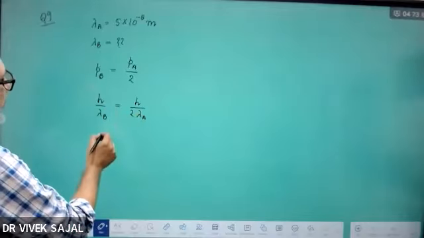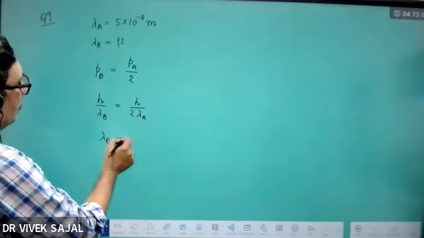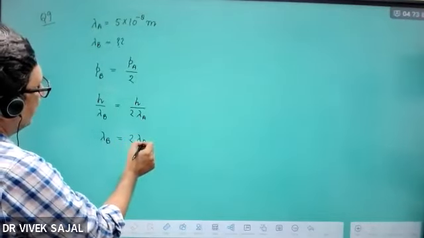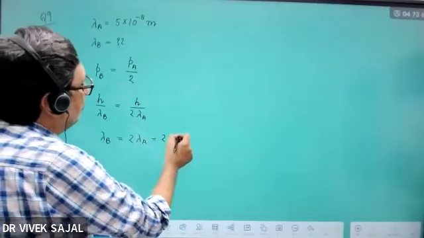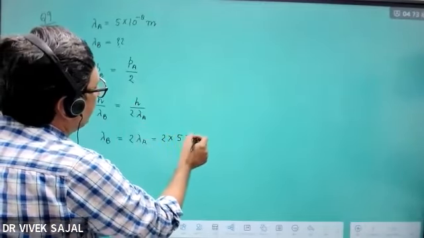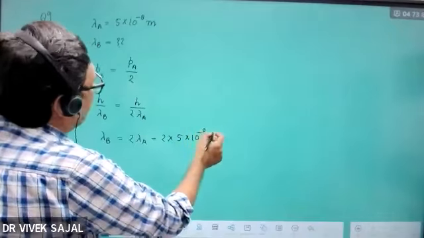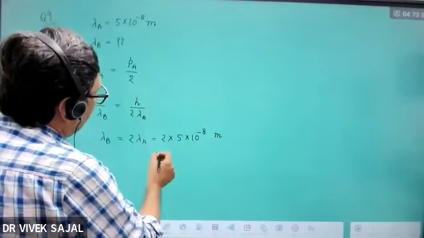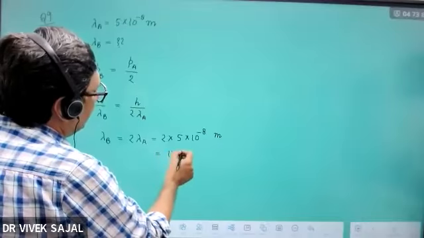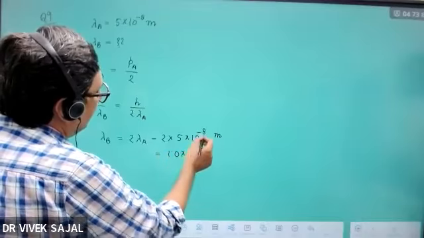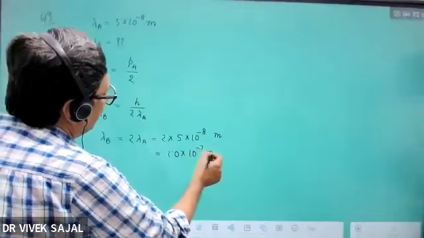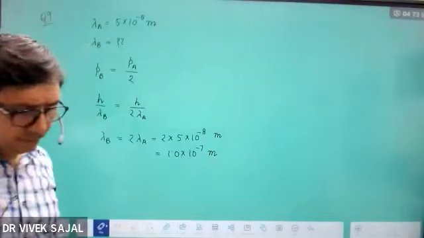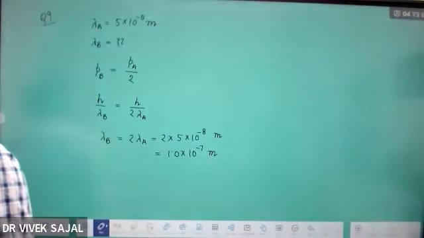So h will cancel out and lambda B will be equal to 2 times lambda A. So this will be 2 into 5 into 10 to the power minus 8 meter. So this will be 1.0 into 10 to the power minus 7 meter. So 10 to the power minus 7 meter is your answer.